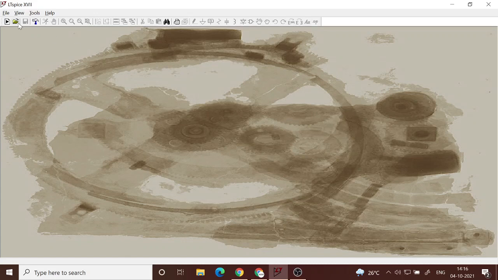Alright, so now let's go to the next experiment. Next I want to do an RL circuit. Again, I don't want any voltage source here. I will take a resistance, and then I will take an inductor.